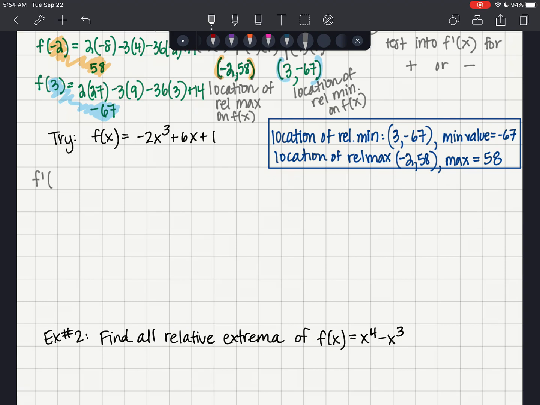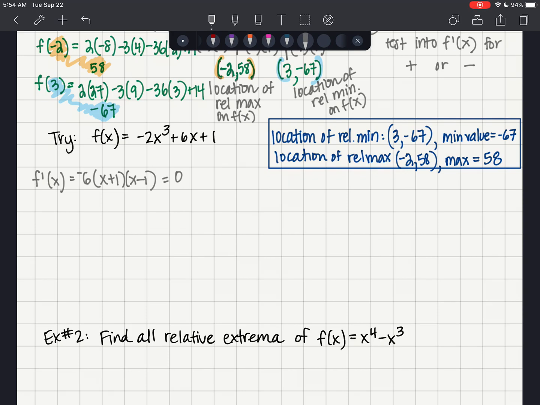Okay, so our first derivative is going to end up being 6 times x plus 1 times x minus 1. That's after you take the derivative and you factor everything out. I think it's a negative 6. Negative 6 times x plus 1, x minus 1.